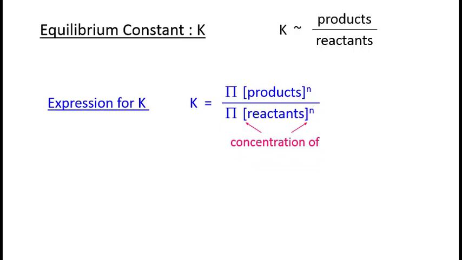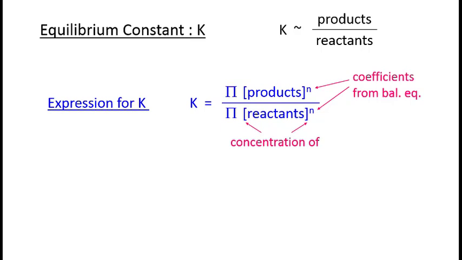In the numerator, it is the concentration of each product in the balanced equation raised to a power that is the coefficient of that chemical species in the balanced equation. In the denominator, we have the concentration of each reactant raised to its coefficient in the balanced equation, all multiplied together. This is the expression we will use for the equilibrium constant.